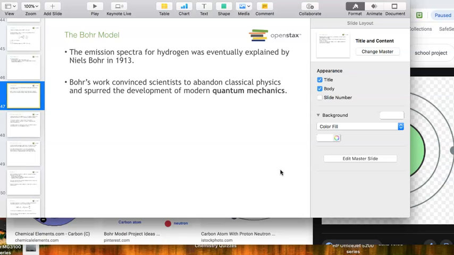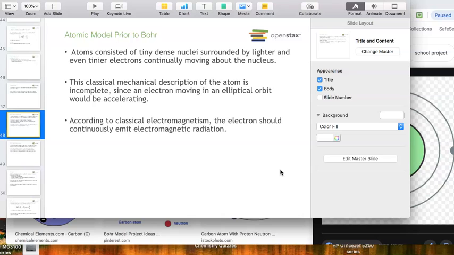In 1913, the emission spectra for hydrogen was explained by Niels Bohr. He basically initiated the development of quantum mechanics, which is something where he had to abandon his idea of classical physics in trying to explain how electrons behaved, and instead had to adopt new models and new theories associated with electrons and how they behave.